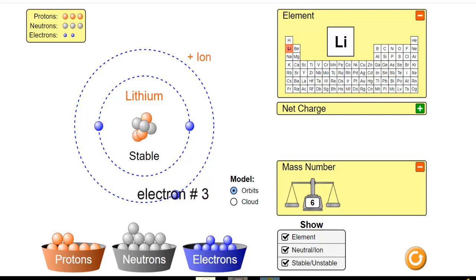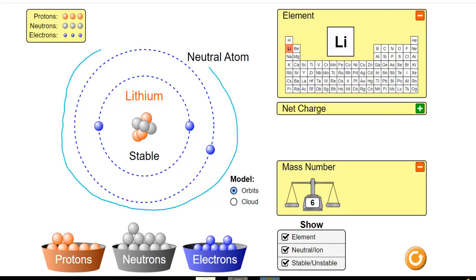You notice that the third electron is not in the first orbital, because the first orbital takes only 2, and then any more electrons will be in the next orbital, and there will be more orbitals outside of these 2. It's not only 2 orbitals, but there are more.